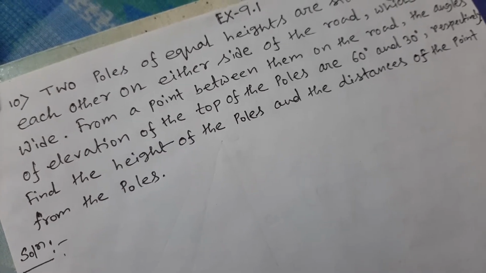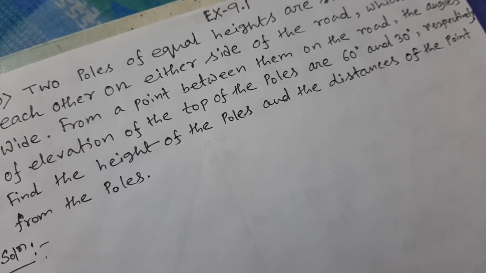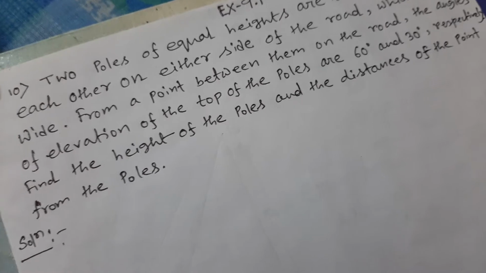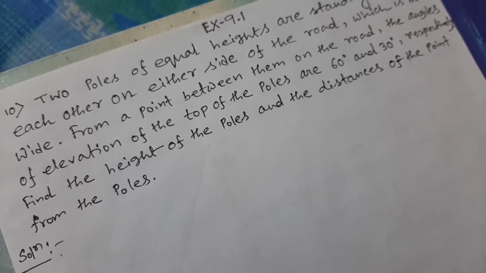Okay, let's start. First, draw the diagram. Two equal poles and between the two poles one road.